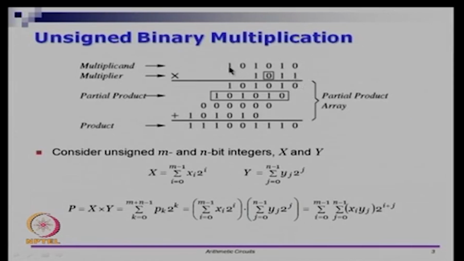Either we copy this thing directly, so if it is a 1, the multiplicand is there as it is, if it is a 0, it is a series of zeros, right, and multiplying with a single bit is essentially equivalent to ANDing. If I want to AND 2 bits together, that is equivalent to multiplication of the 2 bits.